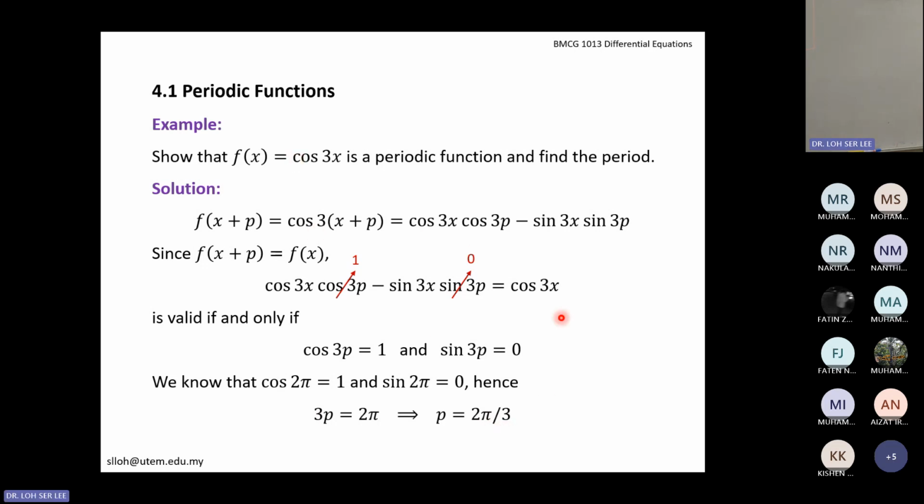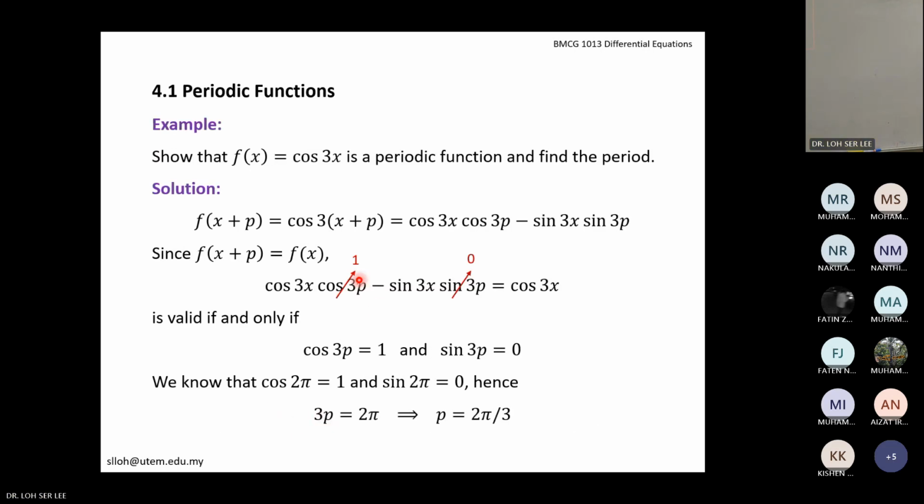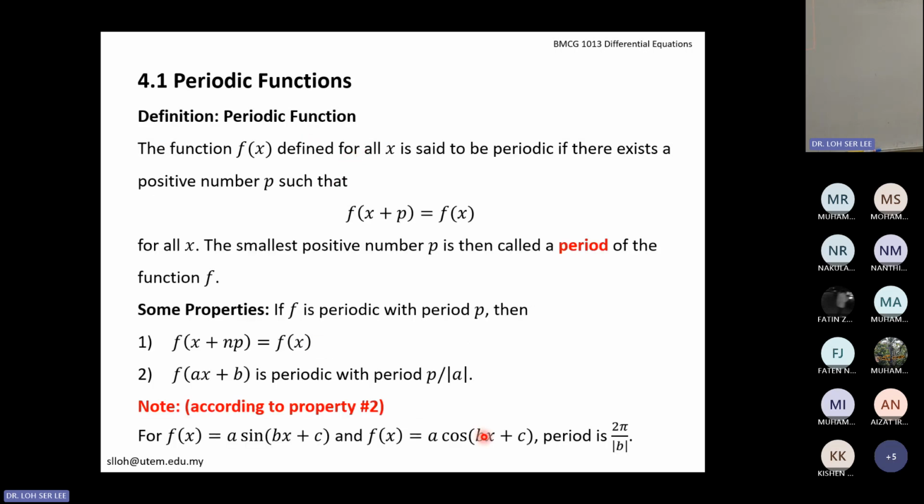This one, actually, we can also apply the properties to get p in a very simple way. This one, cos 3x. If you compare with this one, cos 3x, your b is 3, your c is 0, your a is 1. So the period will be 2 pi over b.